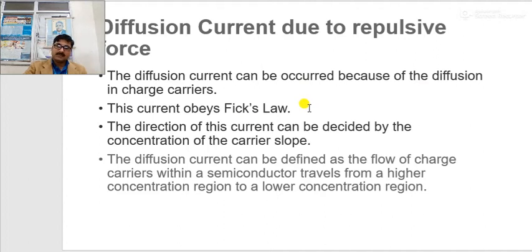So here is new knowledge: not only is Ohm's law sufficient to explain the current inside the conductor, but Fick's law is also required.